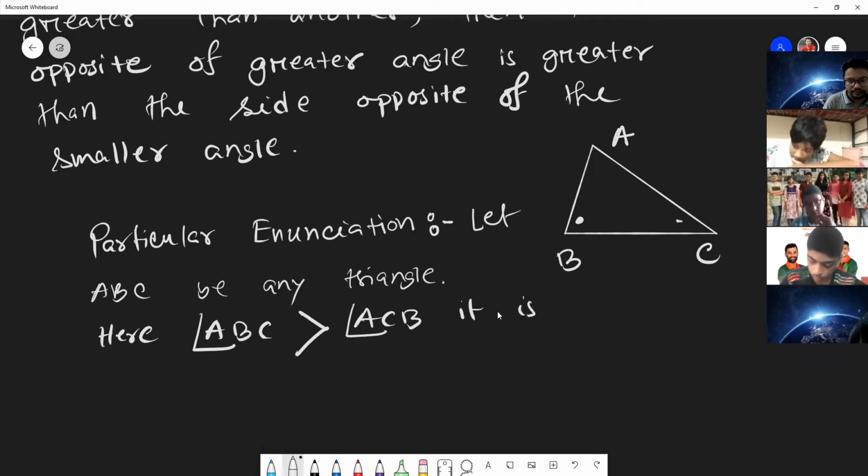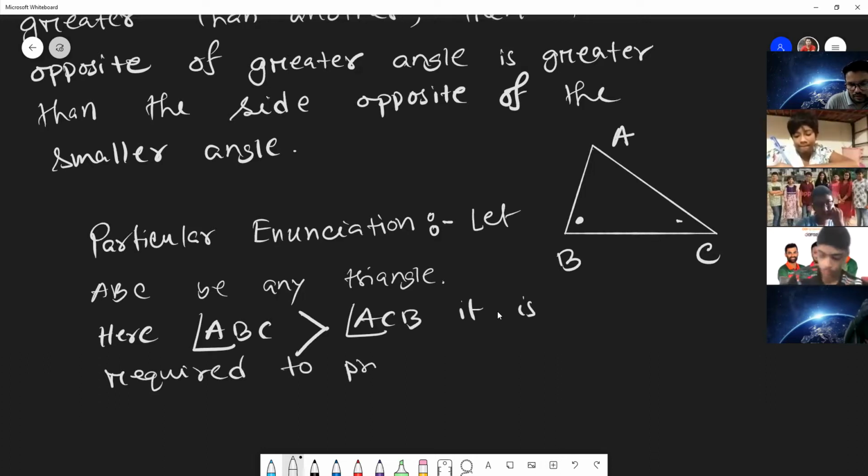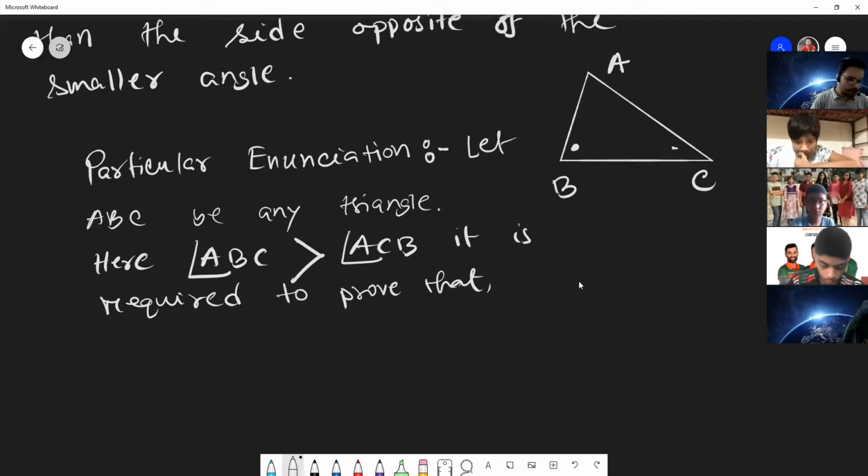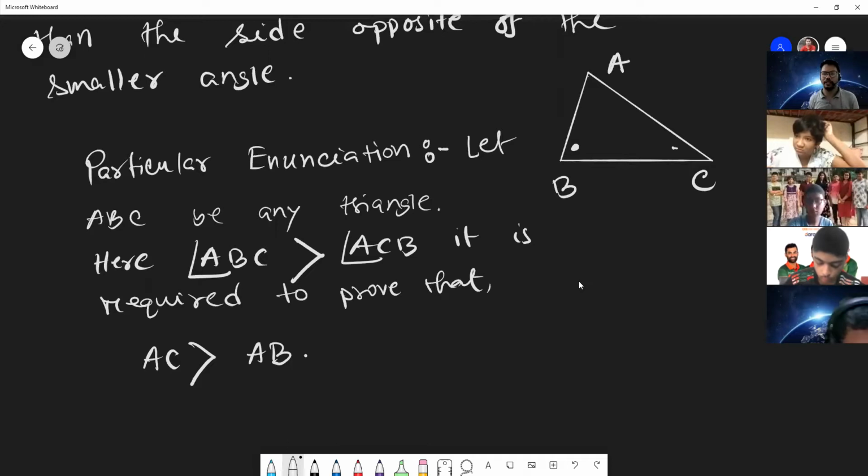It is required to prove that: what is our requirement? The opposite of the greater angle is AC, and the opposite of the smaller angle is AB. That means AC is greater than AB. There is no construction, we will just prove this one.